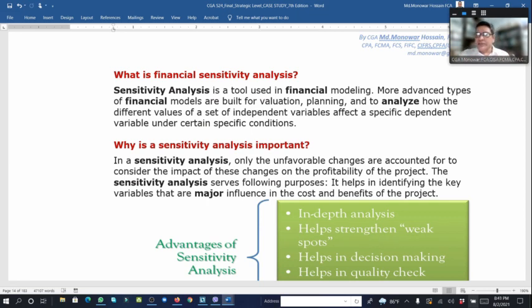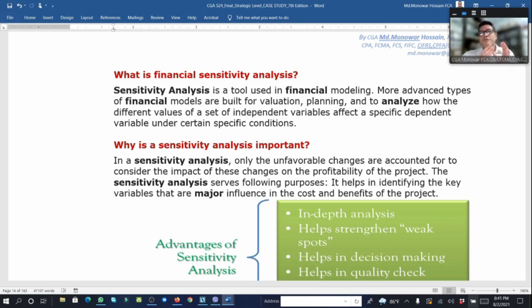We know what is financial modeling. Financial modeling is that if you go to take a project, you have to calculate your cash flow, financial statements, all projected for the next 5 years or 10 years, and after discounting all, then we will be able to find out whether the project should be taken or not.